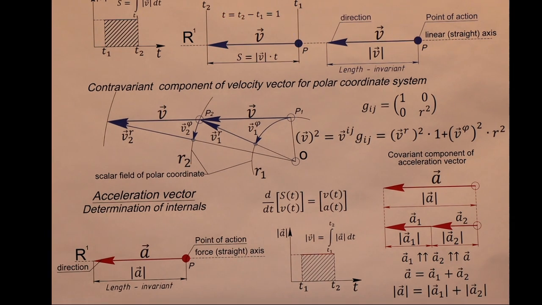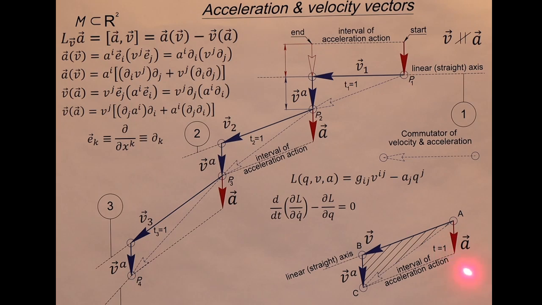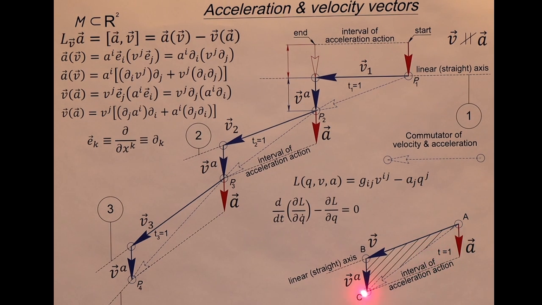In this general case, the integration of a vector is an operation using scalar values. The operation of acceleration to velocity vector is defined by interval of action. The interval of action occurs in two cases.